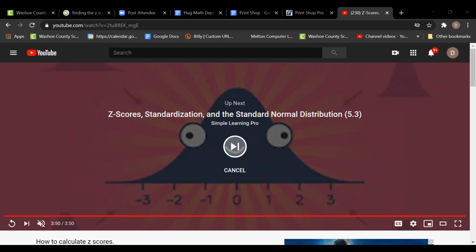So let's add them together. I'm going to take 61.1 plus 58.6 and divide by 2, which is going to give you 59.85, and that is 1.5 standard deviations below the mean, in inches. And that is your answer.